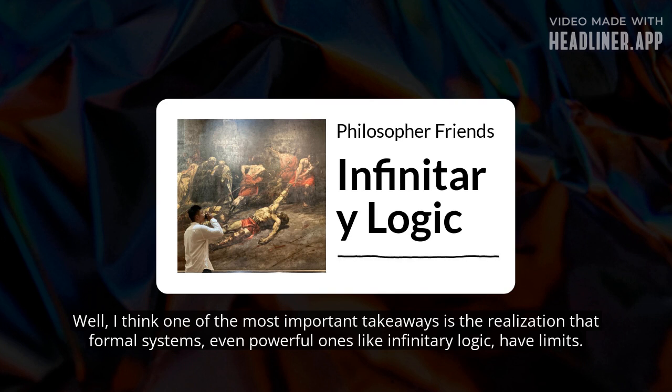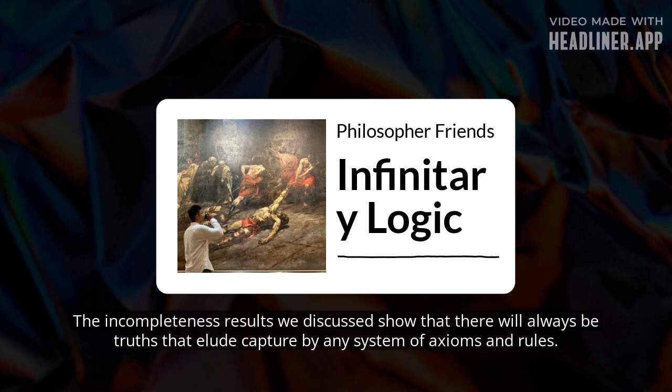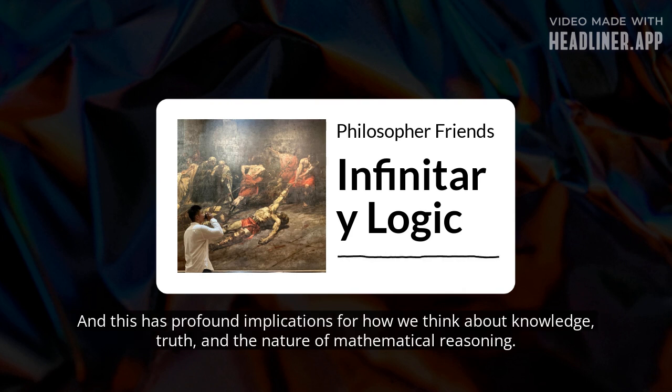Well, I think one of the most important takeaways is the realization that formal systems, even powerful ones like infinitary logic, have limits. Yeah. The incompleteness results we discussed show that there will always be truths that elude capture by any system of axioms and rules, and this has profound implications for how we think about knowledge, truth, and the nature of mathematical reasoning.